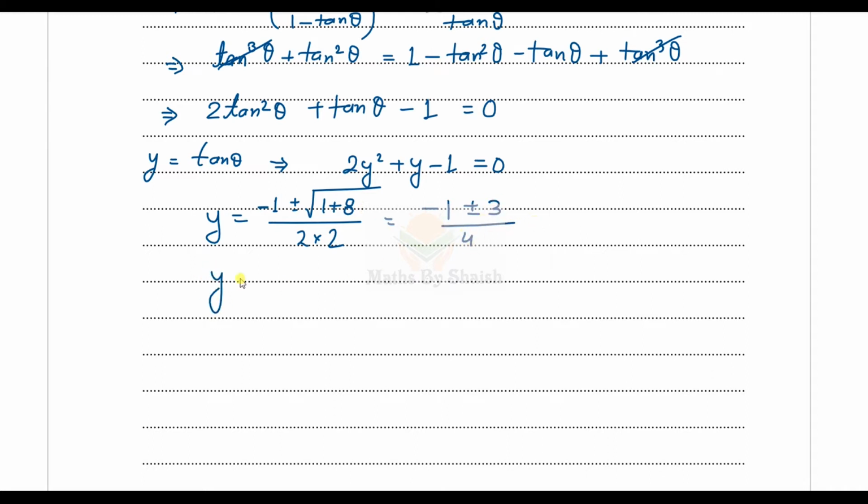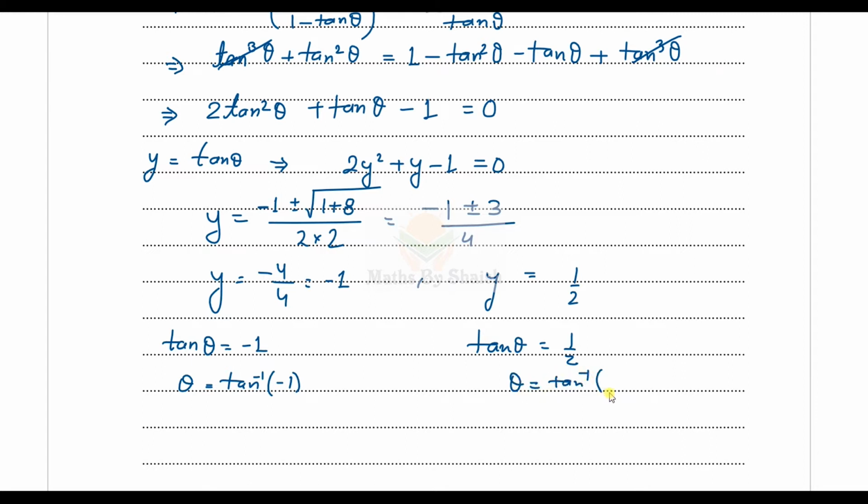So y is minus 4 over 4, or taking plus, 2 by 4, which is 1 by 2. So tan theta is equal to minus 1, and tan theta is equal to 1 by 2. From this theta is tan inverse of minus 1, and theta is tan inverse of 1 by 2.